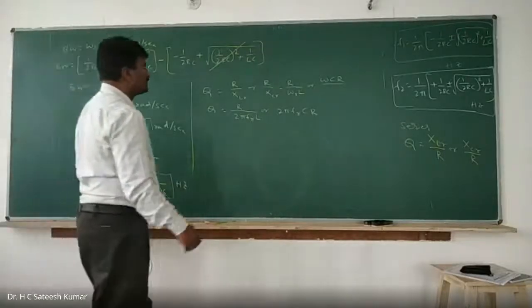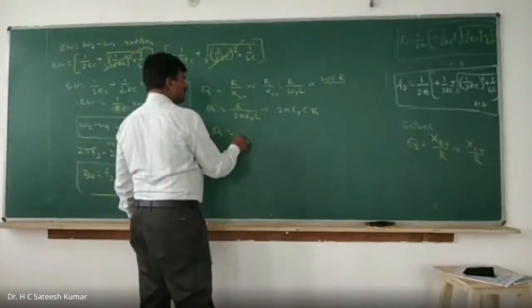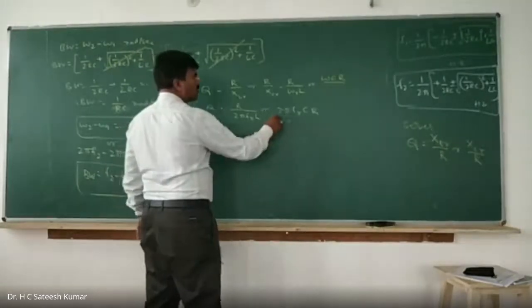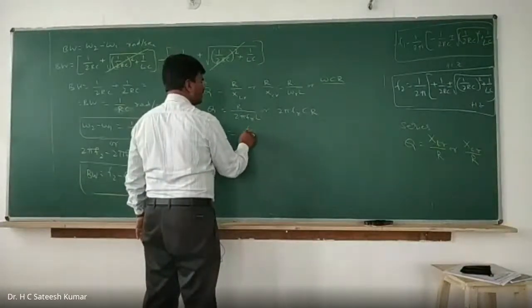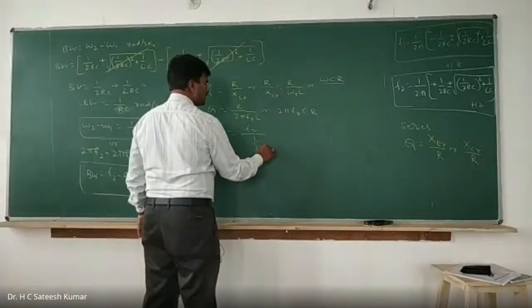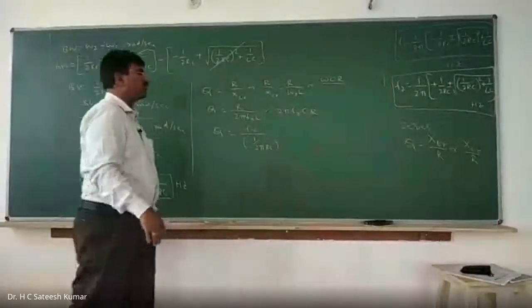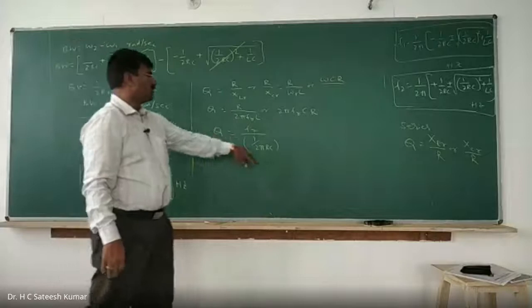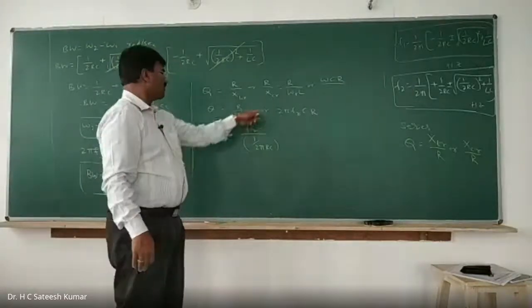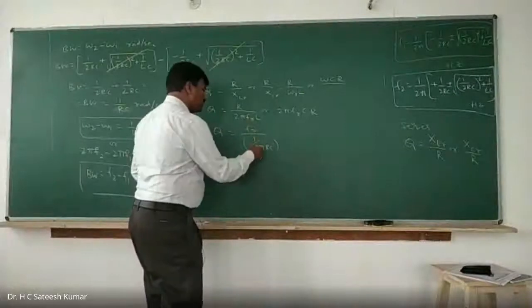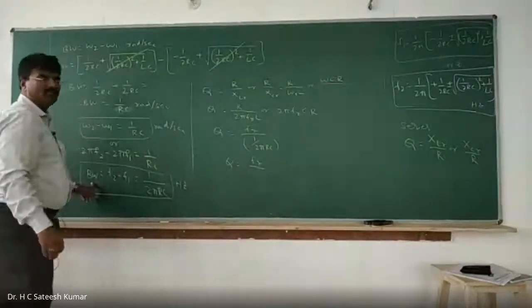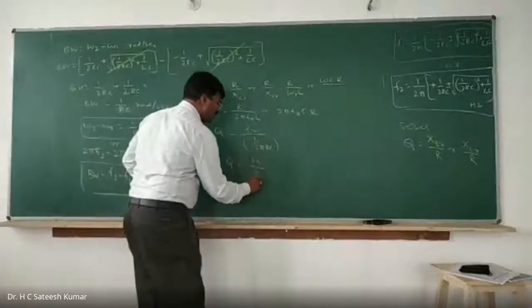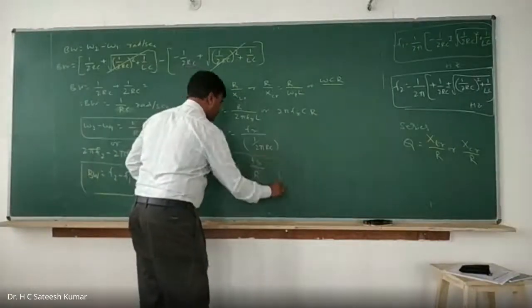If you take 2 pi RC to the denominator, it becomes 1 divided by 2 pi RC, and if you multiply, it goes to the numerator and you get back the same. So Q is equal to FR divided by, what is this? This is nothing but the bandwidth.